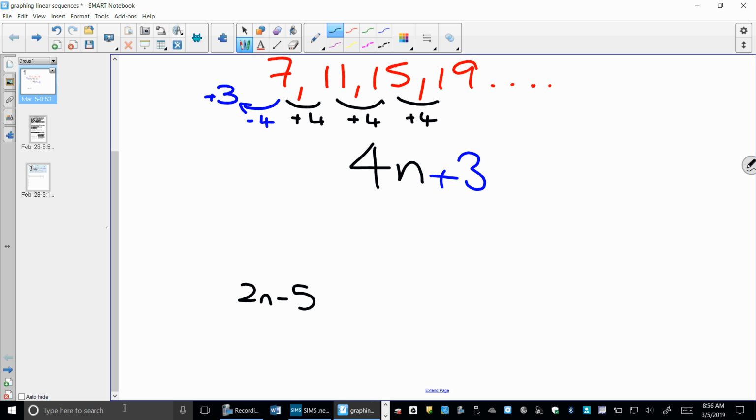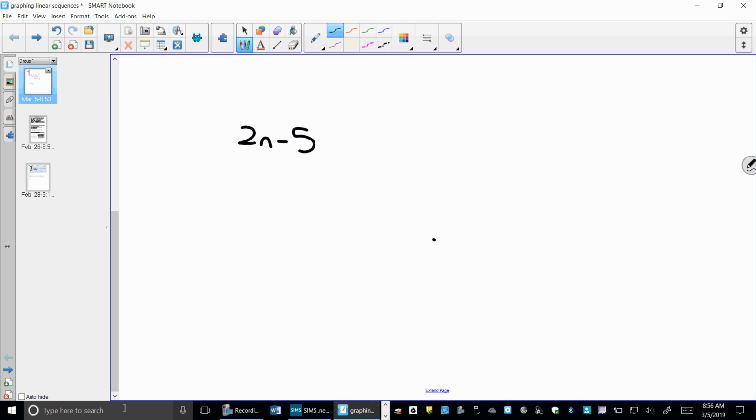It's going back to substitution. Do you remember when we used to substitute stuff? So our first term in our sequence, the value of n would be 1, because it's the first term. Okay? So what we do is we substitute the value of 1 in place of this n. So that means we're doing 2 multiplied by 1, and then taking away 5.